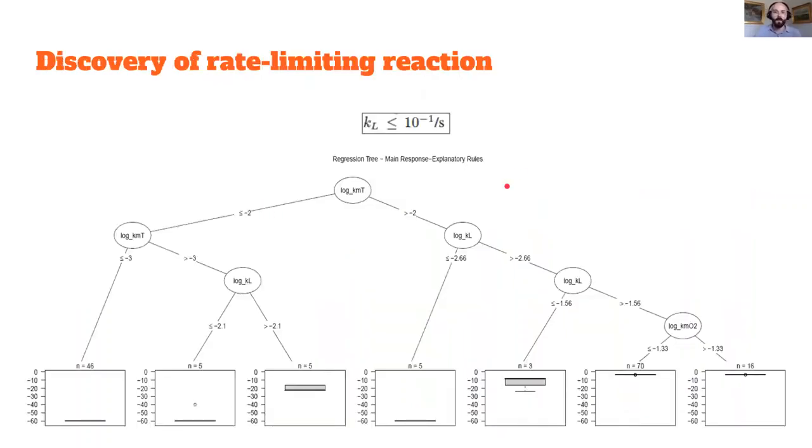So we started out with a very fast ligation rate of 10 to the minus first per second.